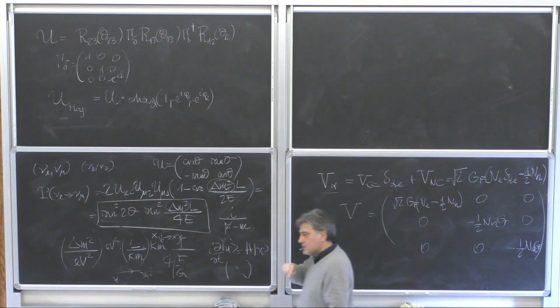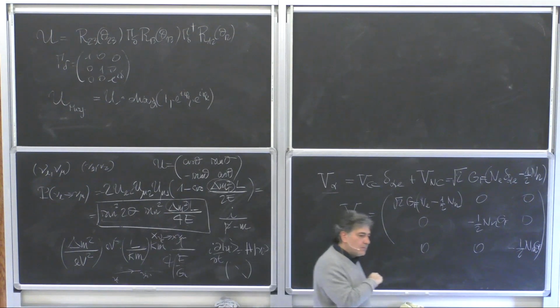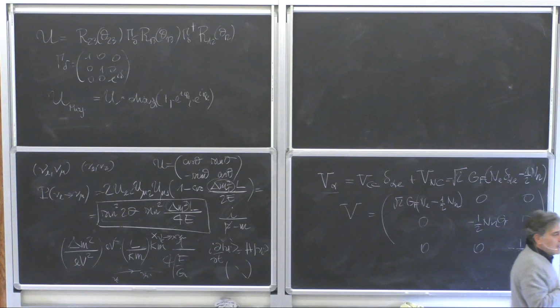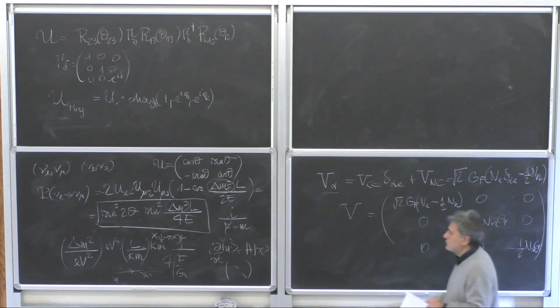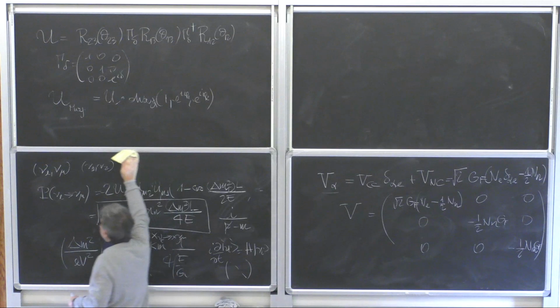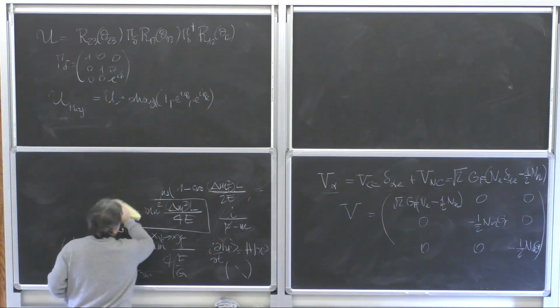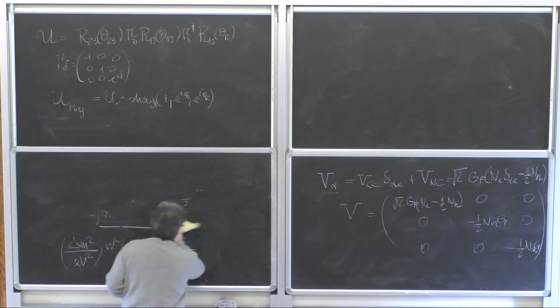But now we face this problem. This potential is diagonal in the flavor basis, while the propagation is diagonal in the mass basis. So we must combine the two results to get the oscillation probability in the constant matter density case, okay?